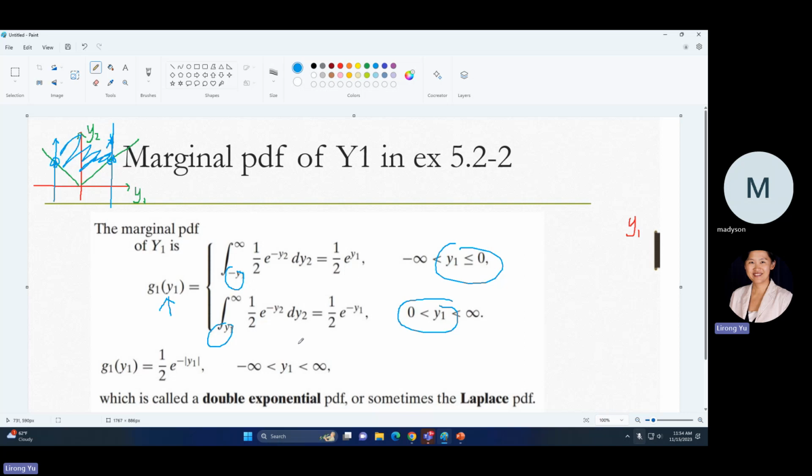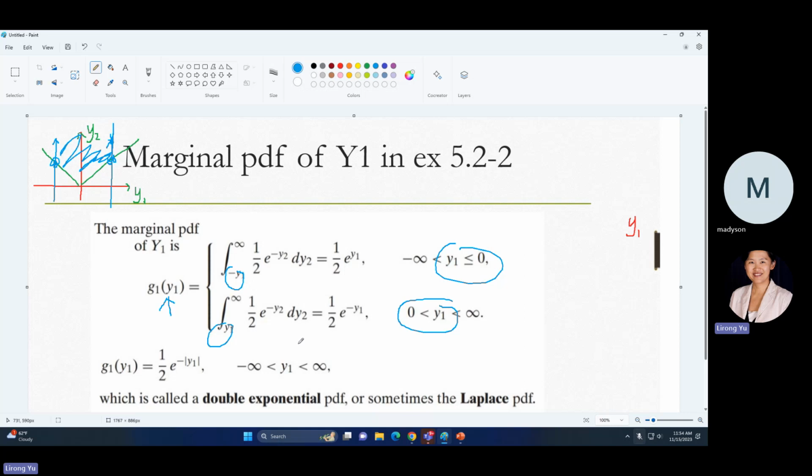Right, so it looks like an exponential distribution, right? The natural exponential distribution will be e to the negative y1, but now we have both sides of it, and therefore we have to cut it in half, so that the entire area below the curve will equal 1. And this is called a double exponential distribution.